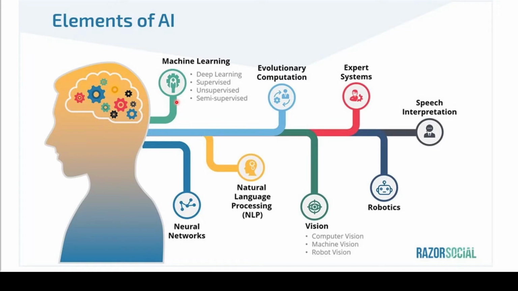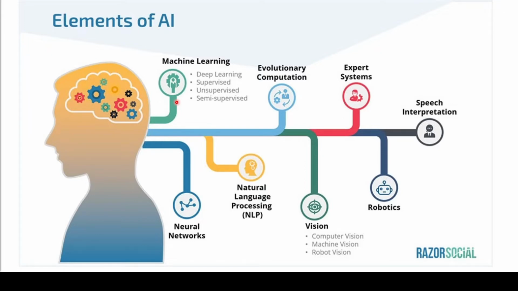So for the elements of AI, there are a lot of different elements that we can say make it an AI. One of the most popular is machine learning, and a subsidiary of that is deep learning, and under that we have supervised learning, unsupervised, and semi-supervised.